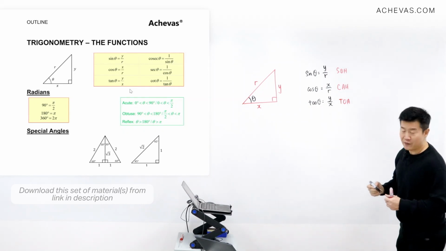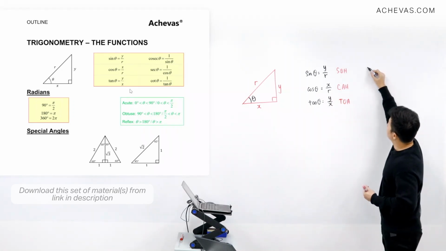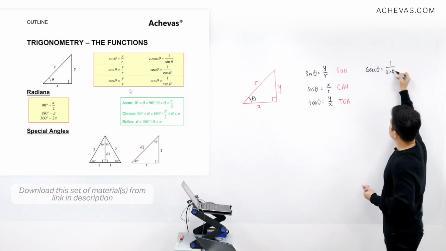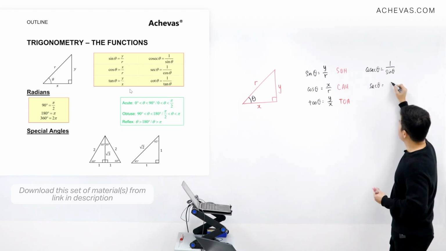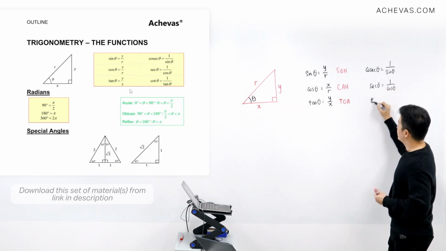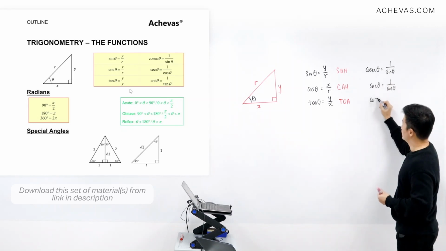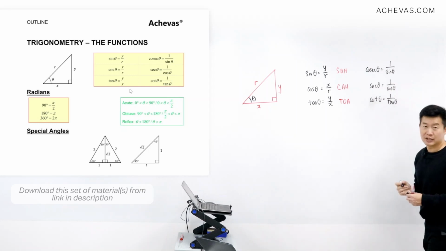As for the other 3 functions, they are actually derived from these 3. Cosecant theta is defined as 1 over sine theta. And secant theta is defined as 1 over cosine theta. And cotangent, the last one, cotangent theta is defined as 1 over tangent theta.